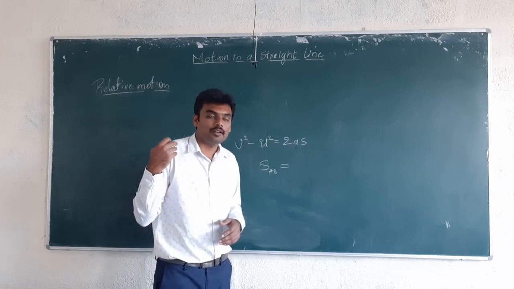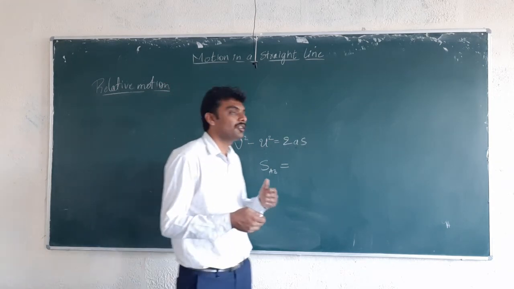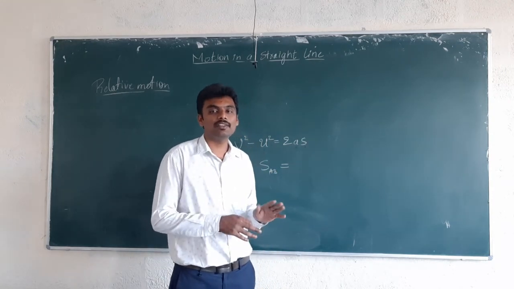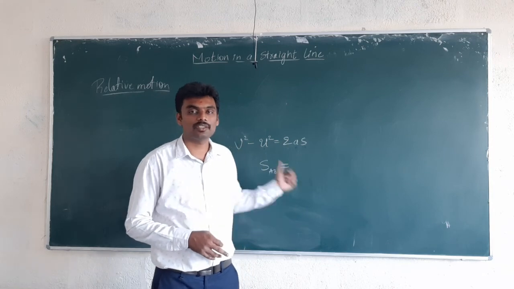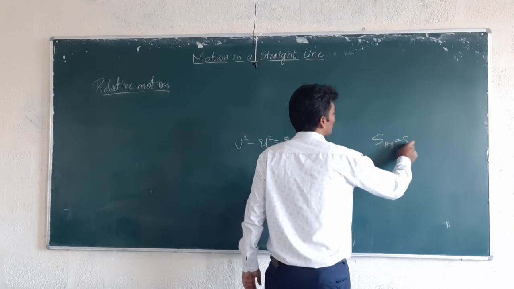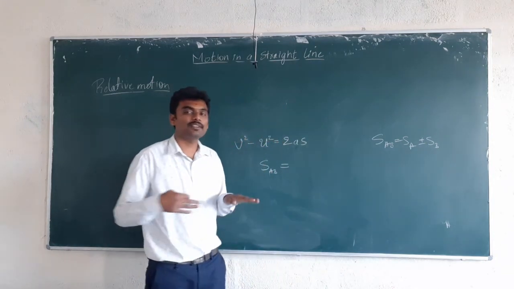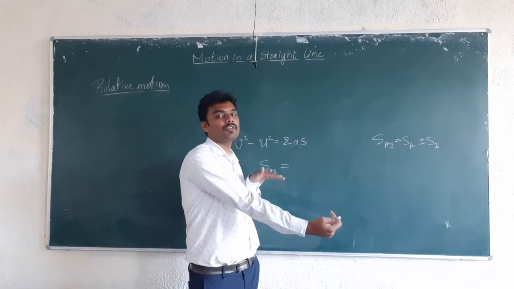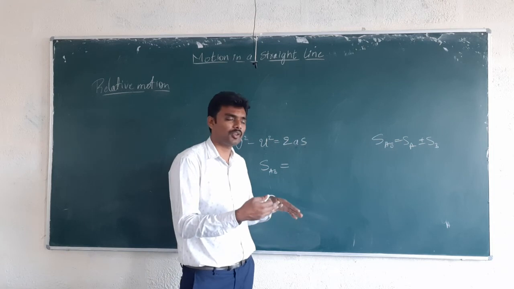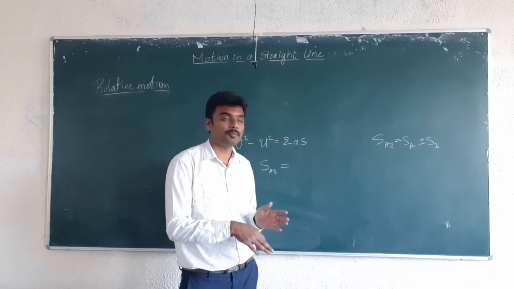If we know the displacement of individual bodies, say the first body has traveled 50 meters, the second body has traveled 30 meters in the same direction, then it is easy, 50 minus 30, done for the relative displacement, which I write as SAB is equal to SA plus or minus SB. I will write plus or minus because if going in the same direction, minus, and if moving in the opposite direction, plus. In the opposite direction it gets added, in the same direction they get subtracted.